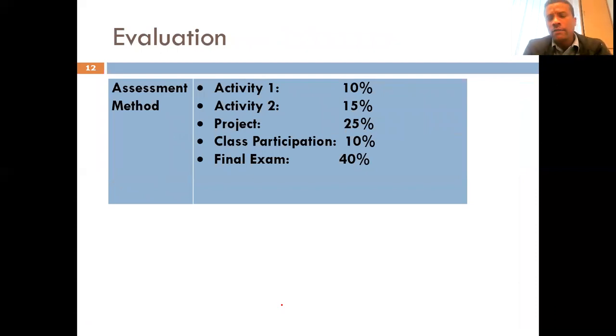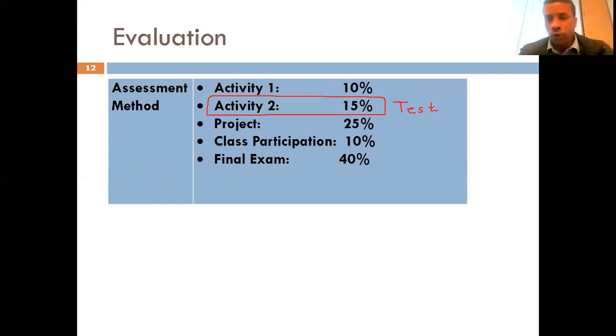Well, as to the evaluation, this is what I have in mind. What I call activity 2 is going to be, for this specific case, since we have what we call a blended form, some kind of test or a mid-term. We'll talk about the proportion, whether 15 would be enough or not.